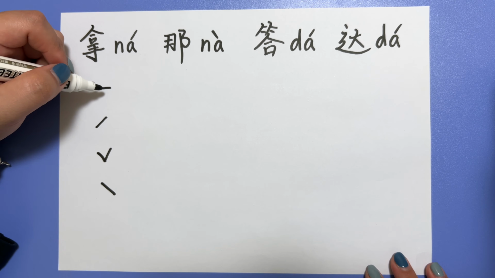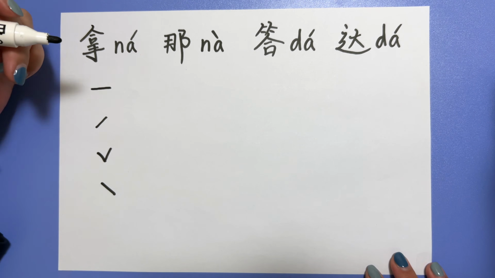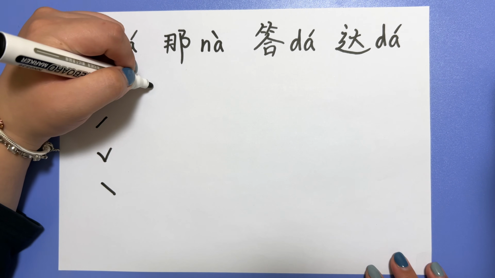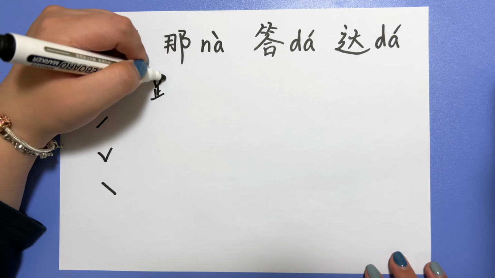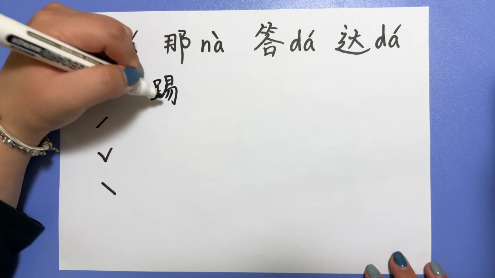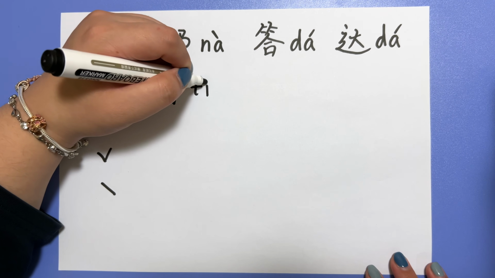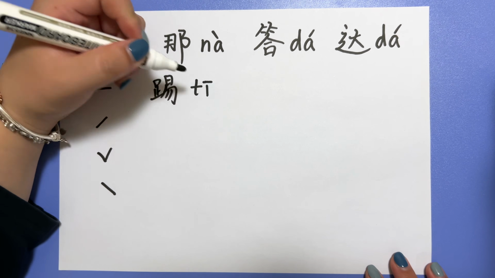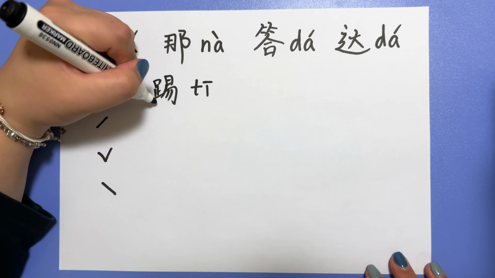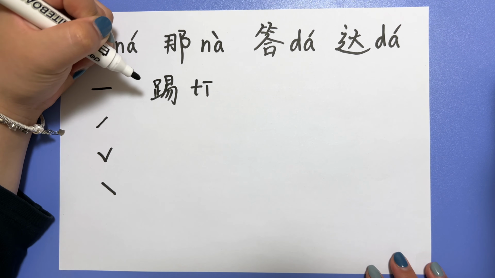Just pronounce it relatively higher than other tones. For example, ti. It means to kick.